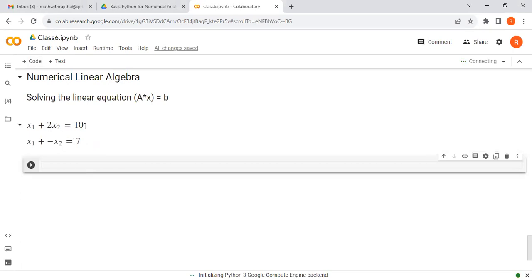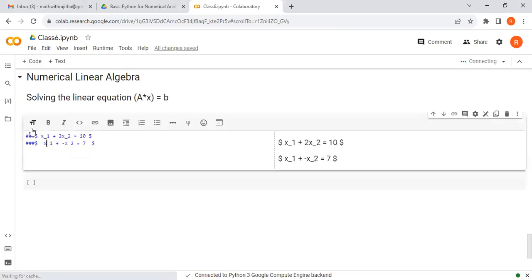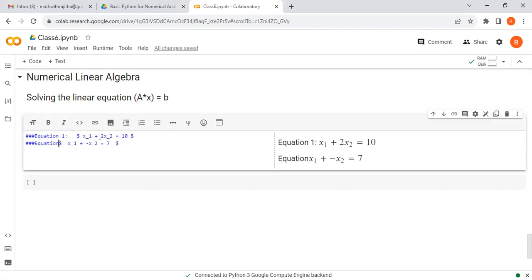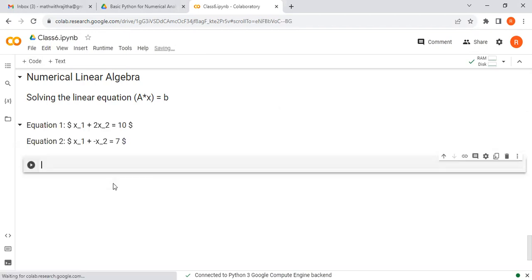These are my two equations, equation 1 and equation 2. Now I have my two equations.